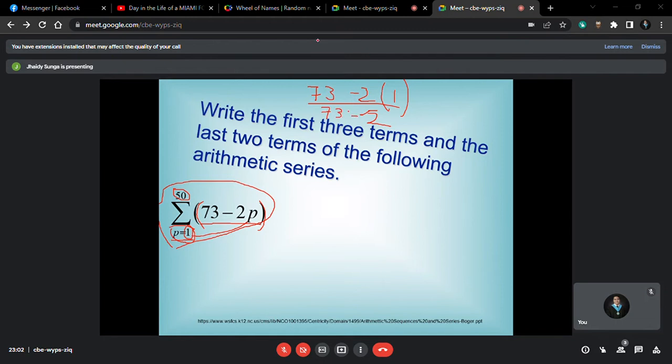If we subtract 73 by 2, the answer would be 71. So we have 71. Let us try to write 71 on our side.